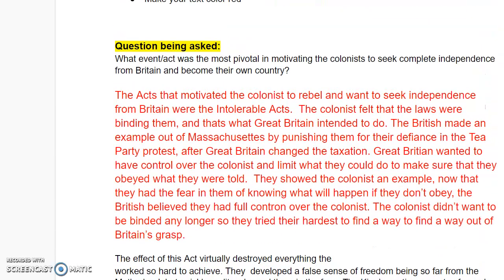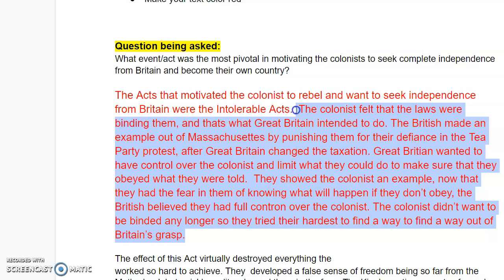So here's what I keep getting. All of this, what is this? The colonists felt the laws were binding them, and that's what Great Britain intended to do. The British made an example out of Massachusetts by punishing them for the defiance and the Tea Party protest after Great Britain changed the taxation. Great Britain wanted to have control over the colonists and limit what they could do to make sure that they obeyed what they were told.